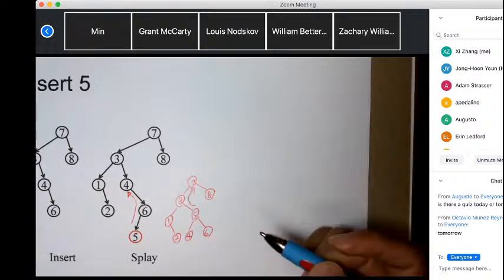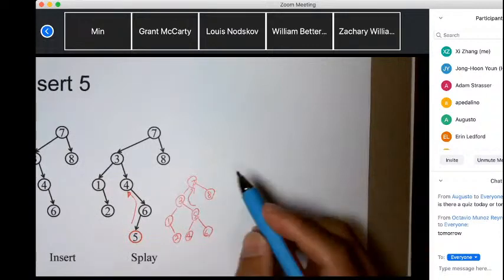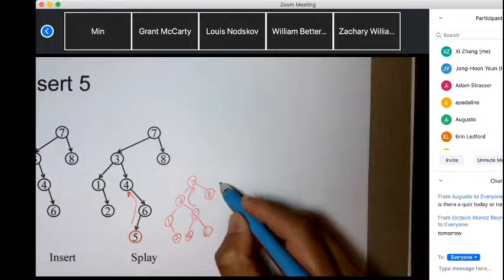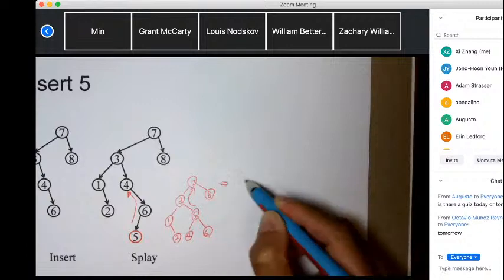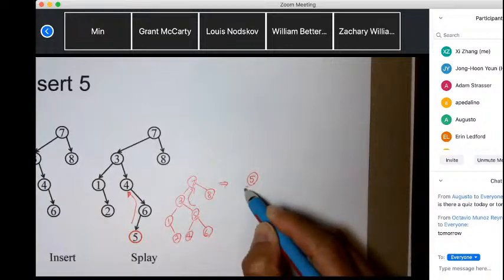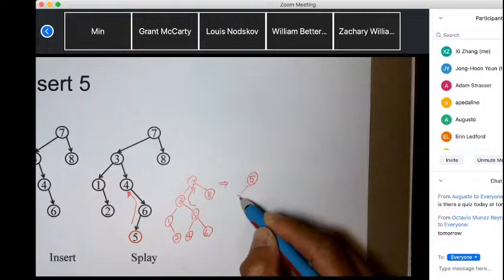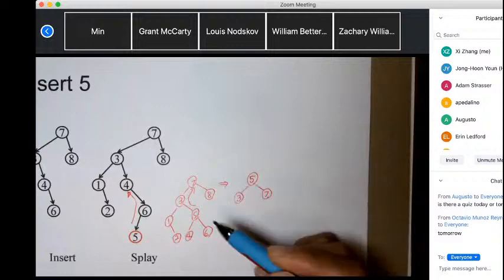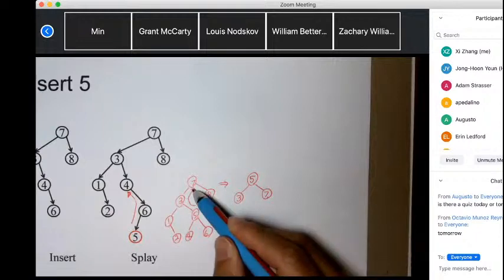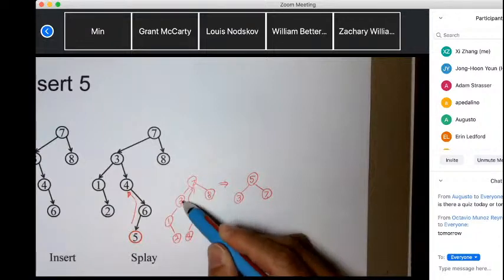So after that rotation, 5 should be the root of the tree, and 3 should be left child, and 7 should be right child, right? That's how we did in the AVL tree rotation. Parents or grandparents will become left child or right child based on their value.